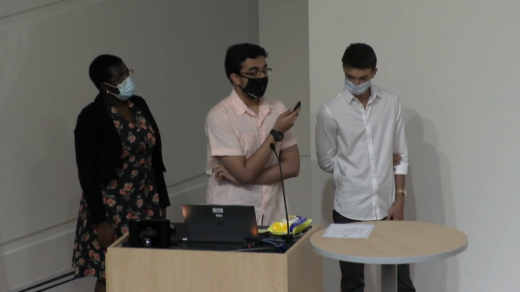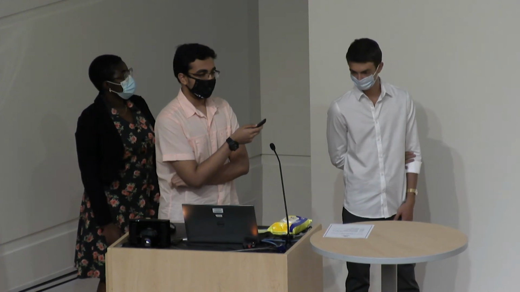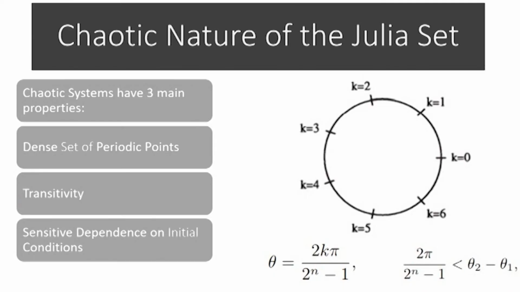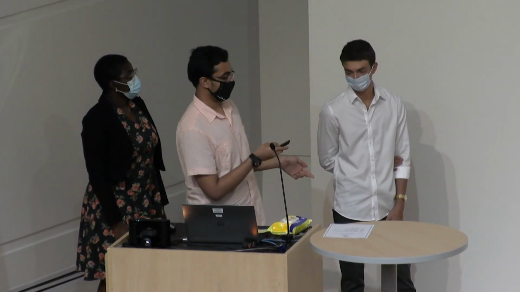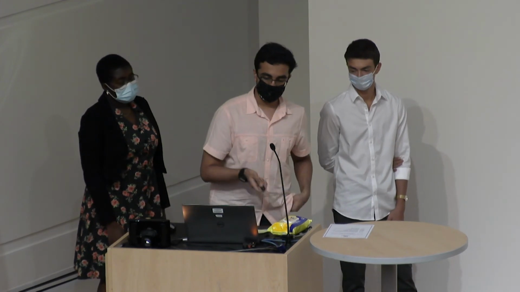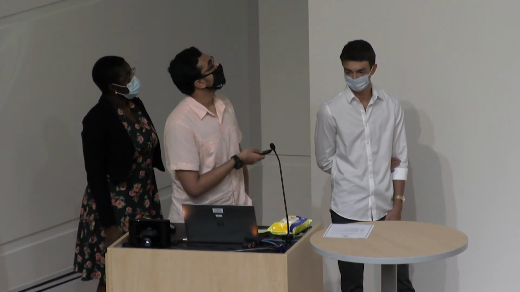And so with enough n, we are able to go around the entire circle and thus have any point anywhere we want. Sensitive dependence on initial conditions also has the same property, since after a certain amount of n, two points that started close to each other will be on opposite ends of the circle, and that would prove the chaotic nature of the set.